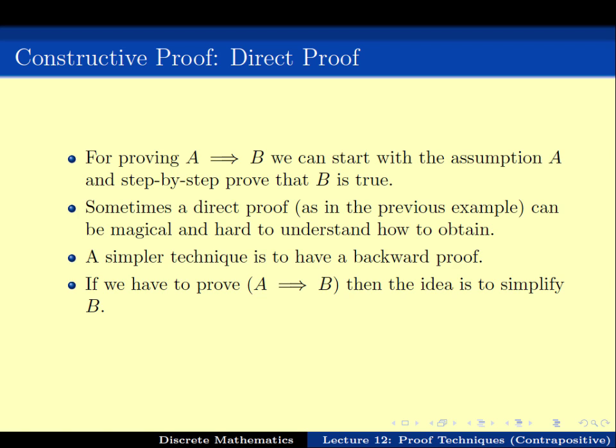Namely, to prove A implies B, first start with B and simplify what you have to prove. And if you can simplify, say you simplify B to C, then A implies B is same as proving A implies C. And since C is simplified, proving A implies C will be an easier job. So this is a backward proof, but in either case, this gives us the proof technique called direct proof.